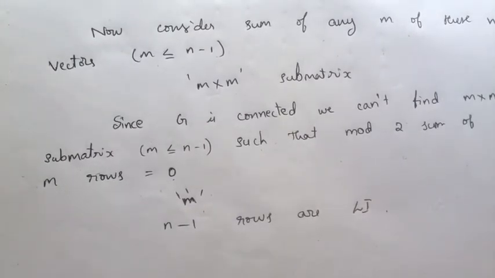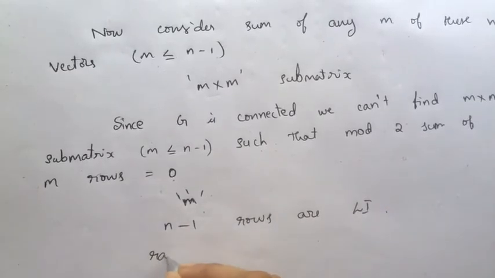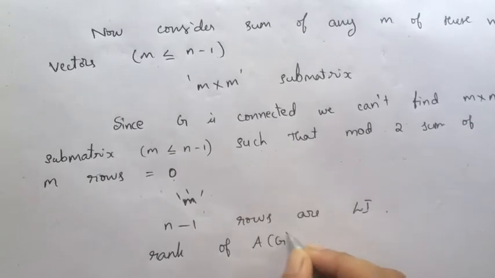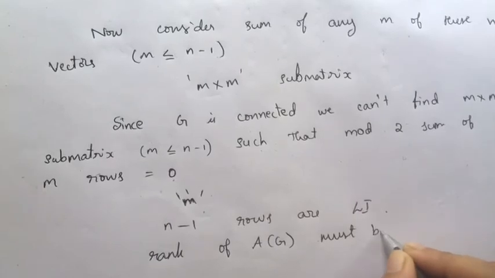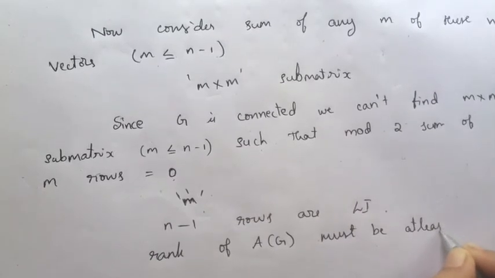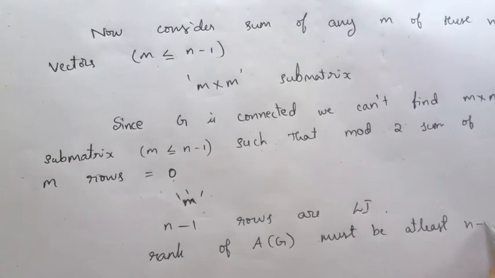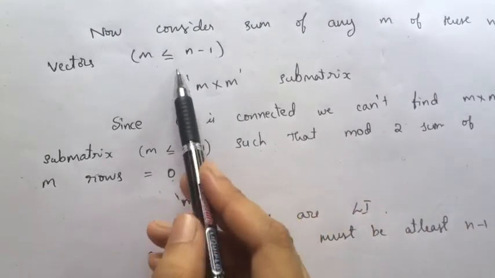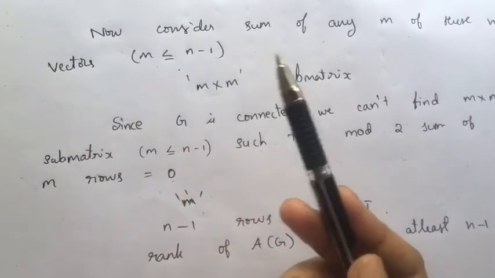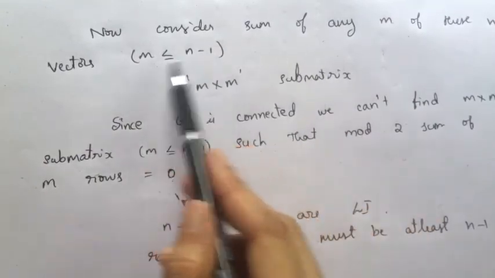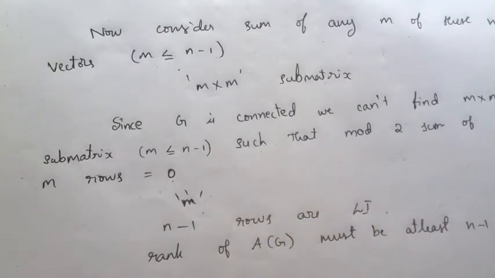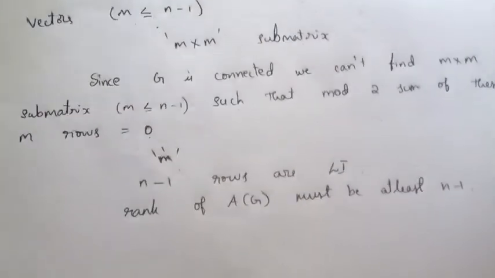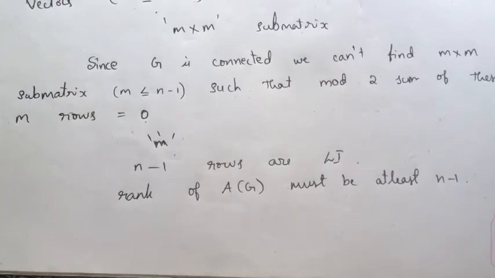Therefore, consequently, I can say the rank of A of G must be at least n minus 1, because if I take fewer than n rows, that gives me the submatrix. In fact, they are linearly independent, so the rank must be at least n minus 1.